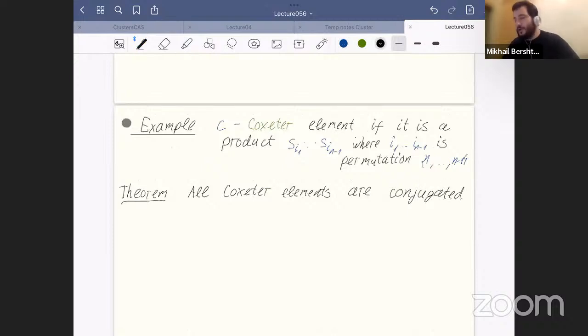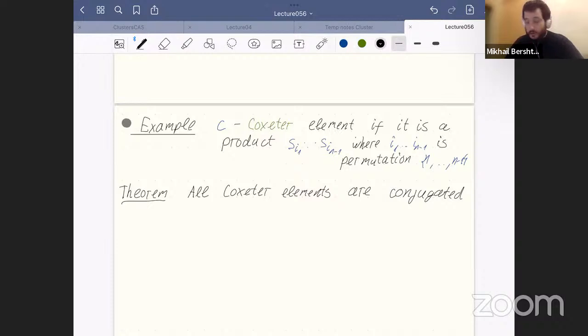Of course, in terms of the simple type A, this is an obvious theorem: all the Coxeter elements are just long cycles of rank n. But it's true for any root system.